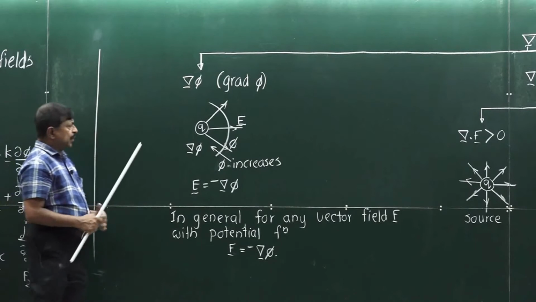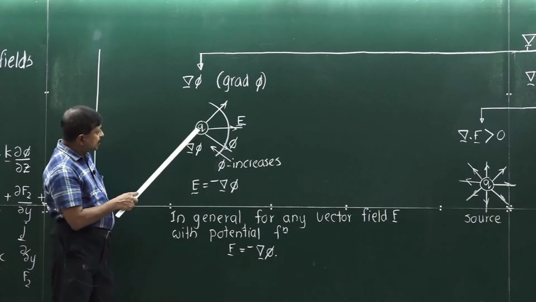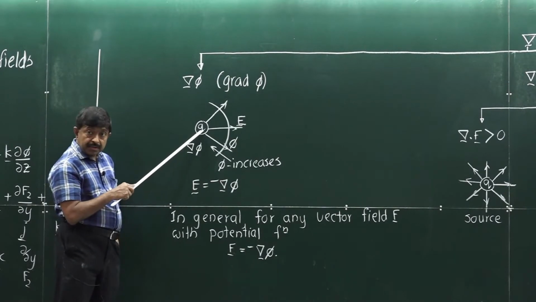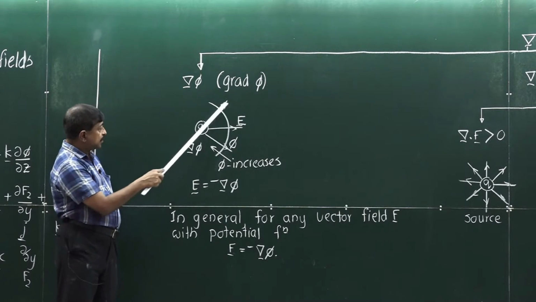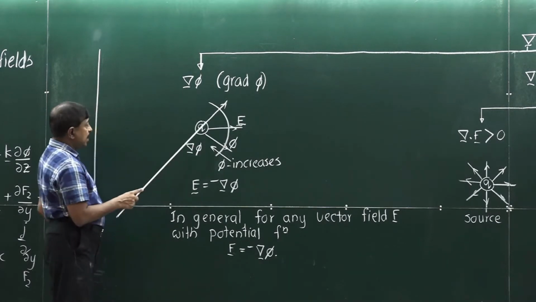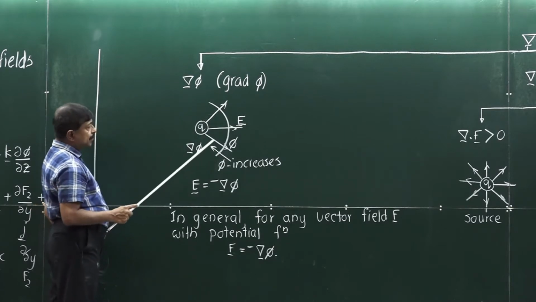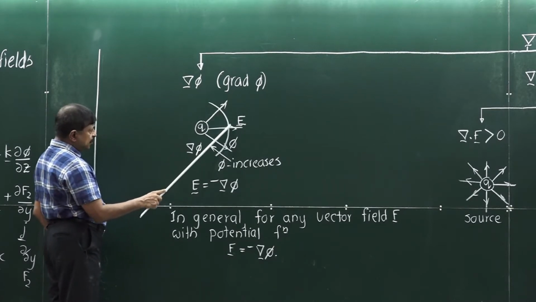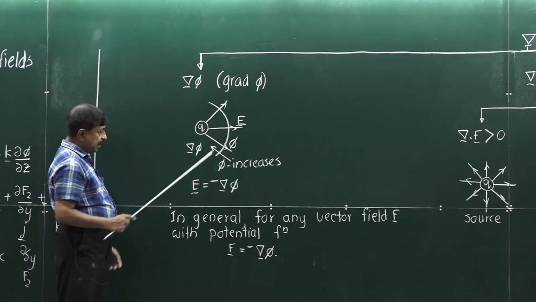Now, think about something we are familiar with, a unit charge q, let it be positive. Then it works as a source and the field lines emanate from it like this, and this is one of the equipotential surfaces, let the potential level be phi.